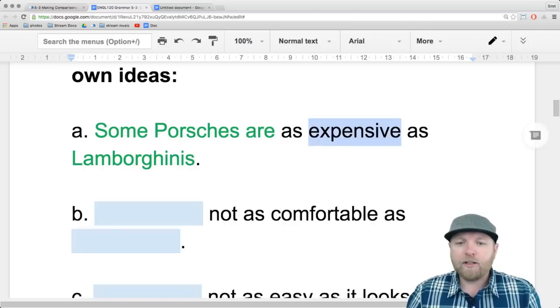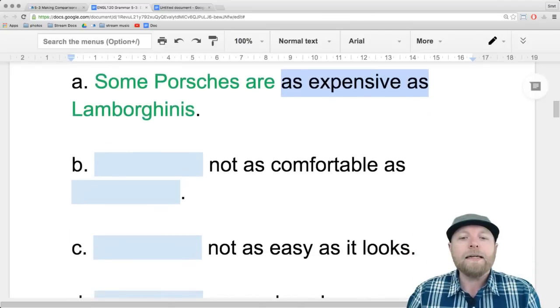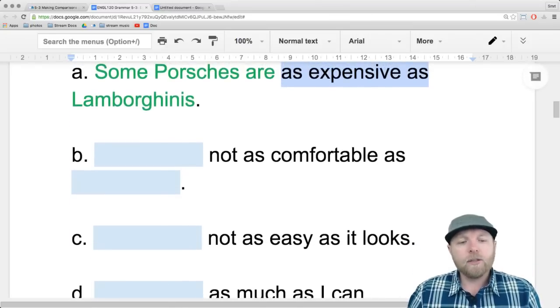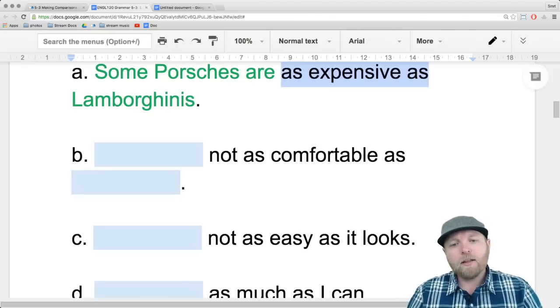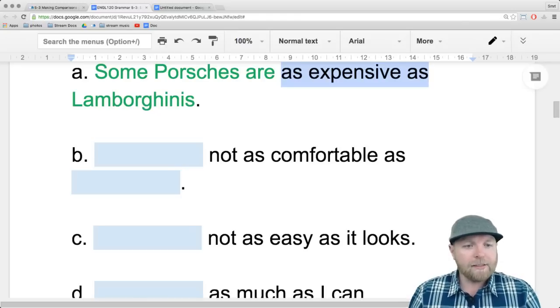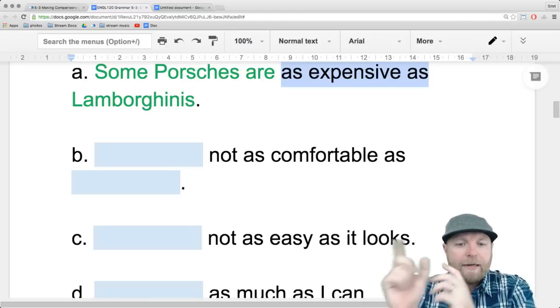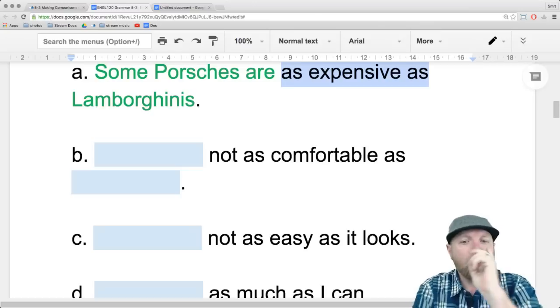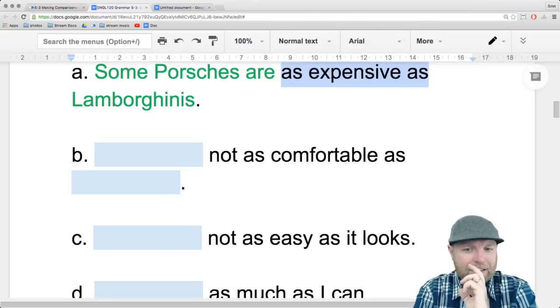So we have an adjective, as expensive as Lamborghinis. Okay, so in this exercise, guys, please write the full sentence. Okay, example, in the chat, B, not as comfortable as.